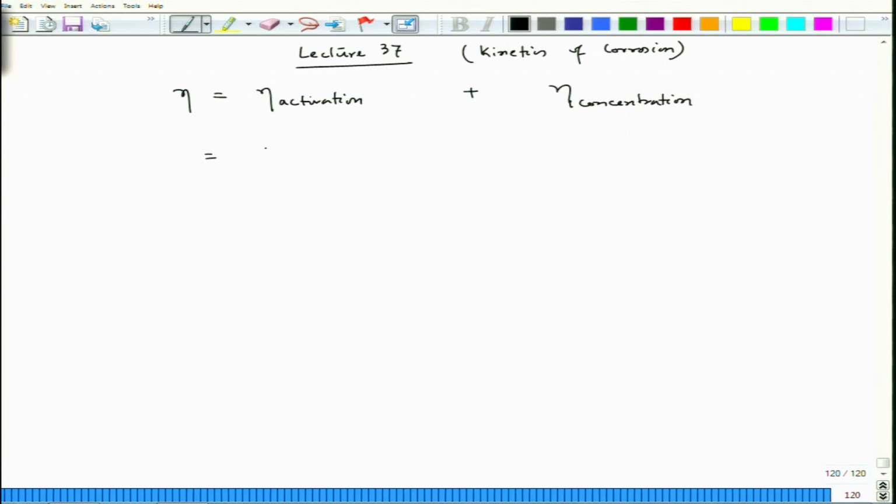The activation part can be related with beta log I by I0, and the concentration part can be related as 0.591 by n log of 1 minus I by I max. This I max is sometimes written in different books as IL, which is nothing but I limiting, the limiting current density.